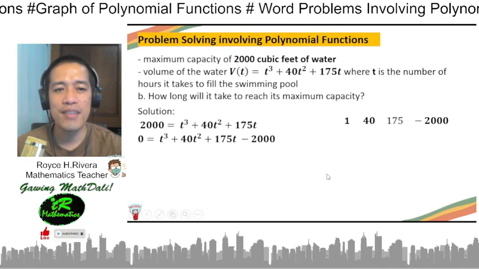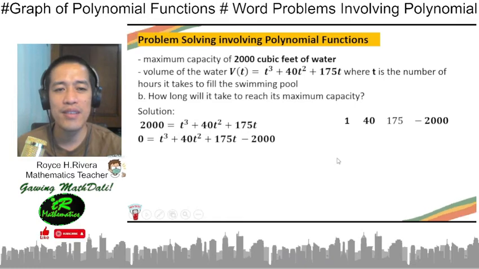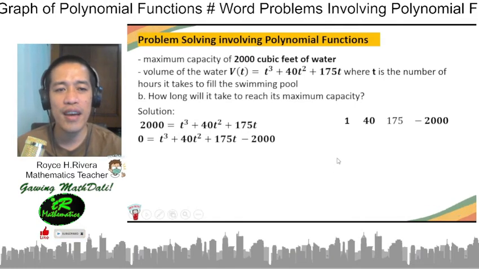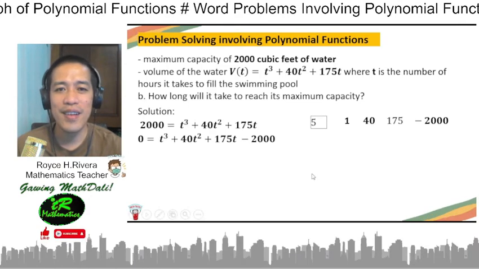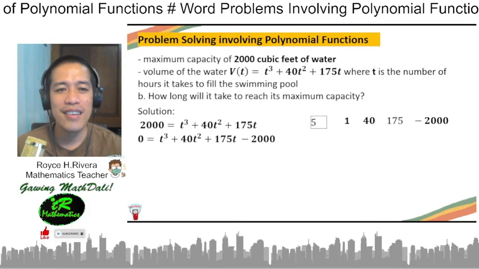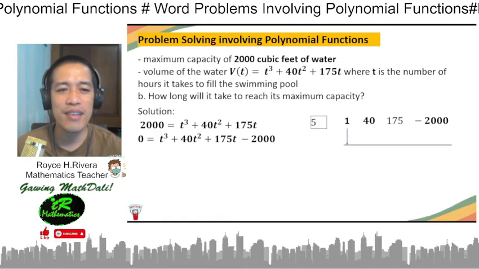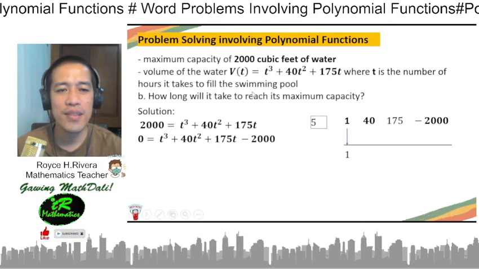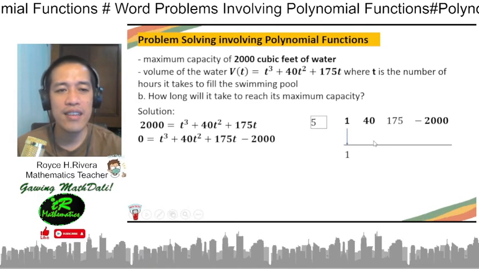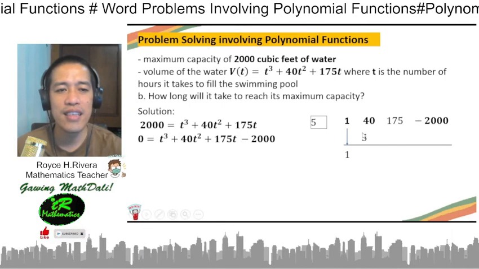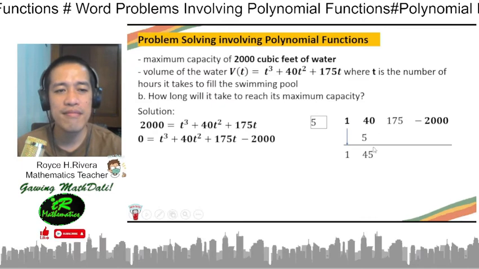So from the possible rational roots of the resulting polynomial equation, I will choose 5 first as my divisor. Now let us proceed with the synthetic division. Bring down the first coefficient, multiply it by the divisor 5, write the result under the second coefficient, then get the sum, 45.